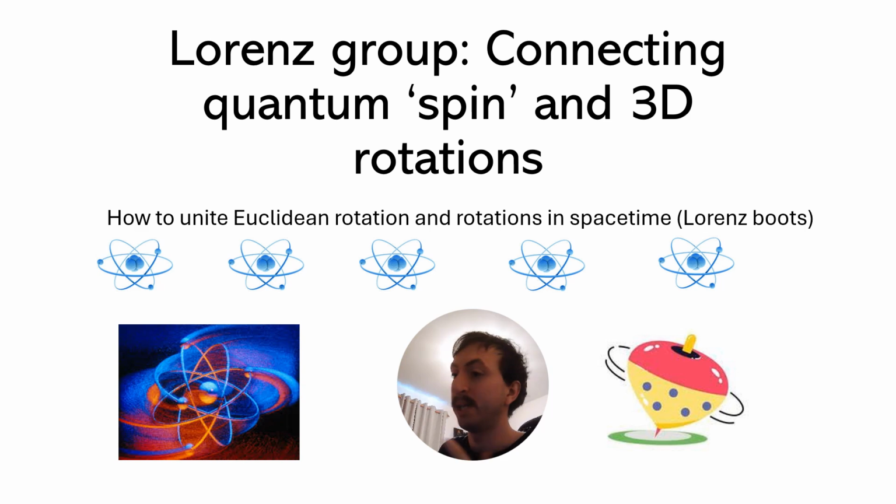So we need to understand relativistic quantum mechanics, and for that we need to understand spin and spinors, and it's nice to tie everything together into a Lorentz group. So that's what we're going to be focusing on during this video.